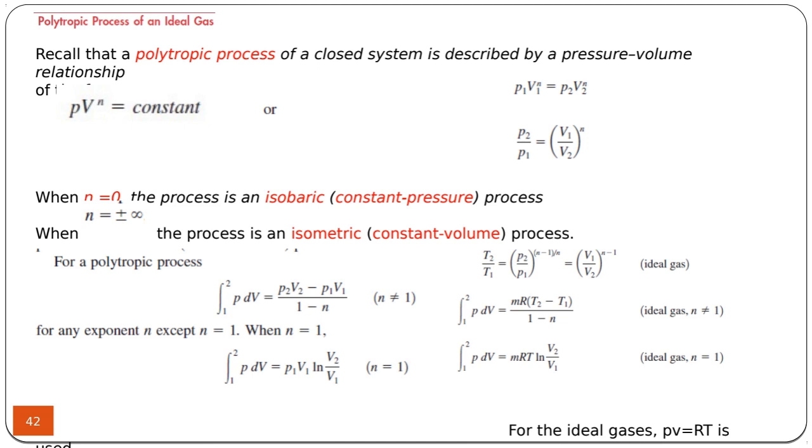N can be any number between minus infinity to plus infinity. And when we have PV to the n to be constant, we actually mean that P1 V1 to the n is equal to P2 V2 to the n, or in other words, the ratio of the pressures is equal to the ratio of the inverse of the volumes to the nth power.